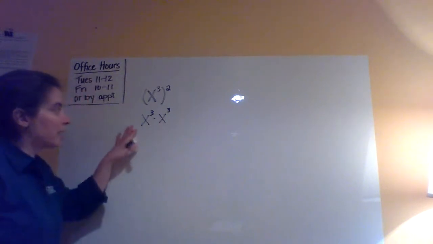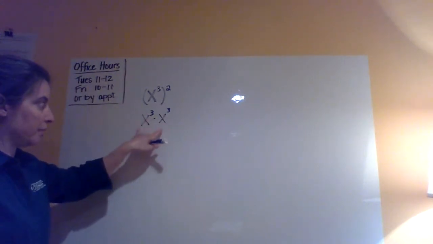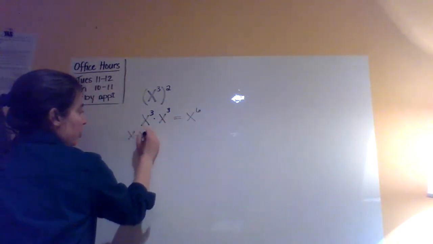This means x to the third times itself. And if I have this set up, now I'm back to the product rule, where I'm multiplying expressions with like bases. I add those exponents. Or from here, you could even break it down further to see what's happening.